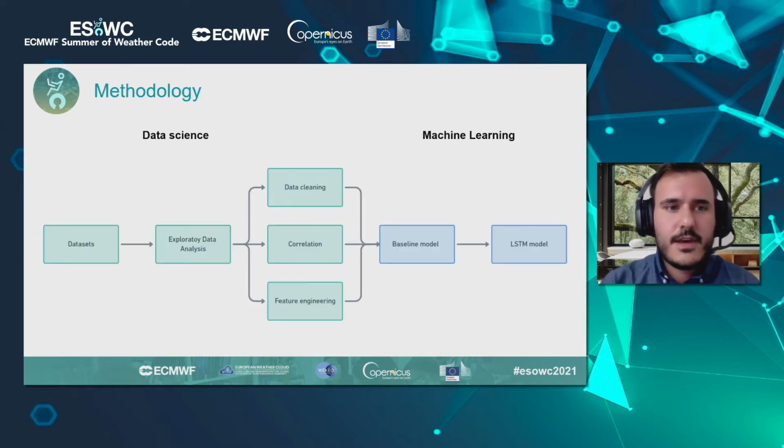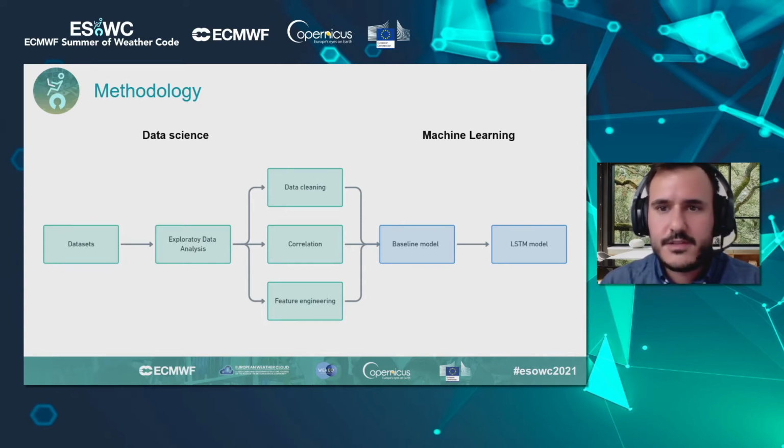Okay, now we'll see in more detail the methodology that we used to perform the project. The first part is more related to data science. I will stress that there is no existing dataset to predict NO2 emissions.